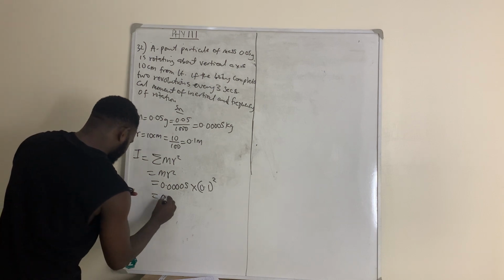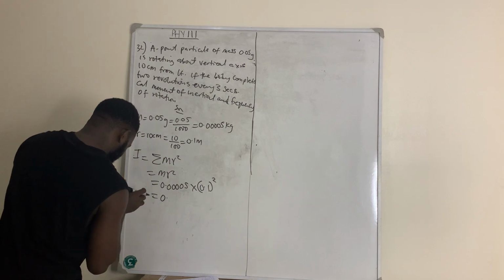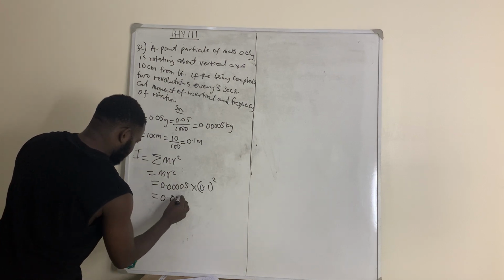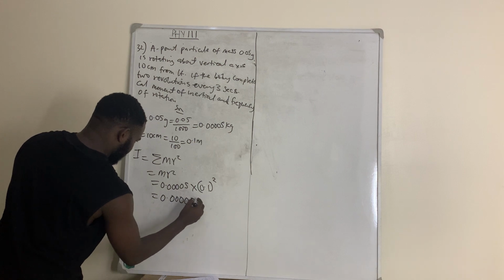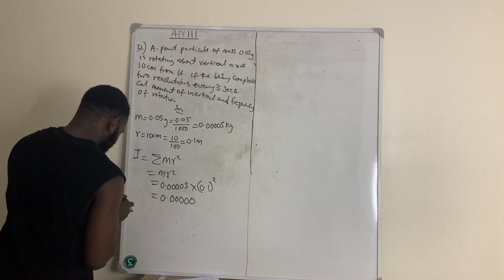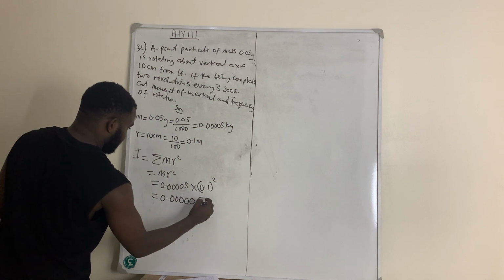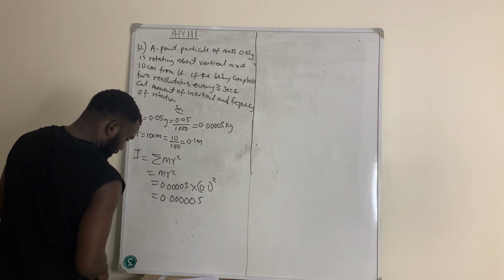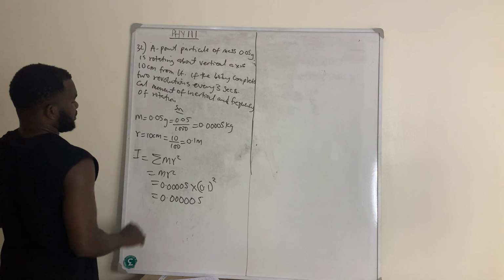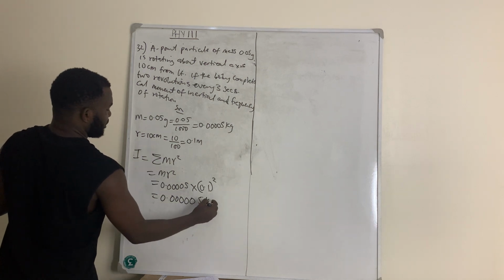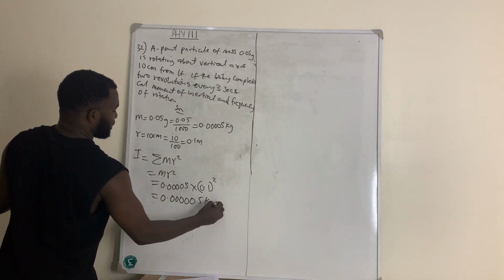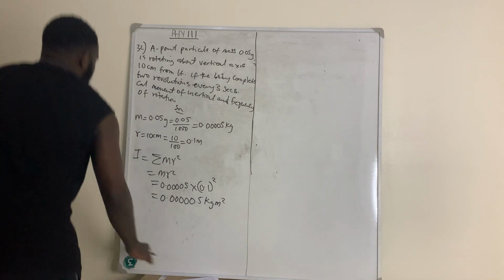Let's check your own answer. What's the SI unit of moment of inertia? It is kilogram meter square.